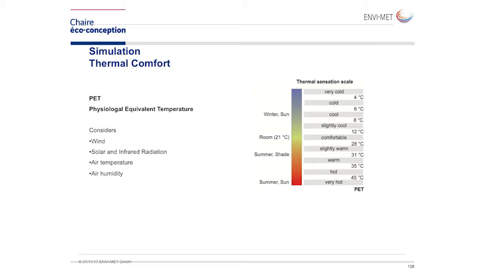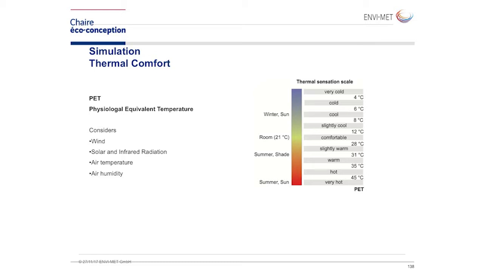So there are different thermal comfort models. I think there are at least 20 or 30 different thermal comfort models in the world, but they basically all work the same. There are small differences in the way they calculate, and small differences in the values they produce. The comfort model we are using here is the so-called PET, or physiological equivalent temperature.